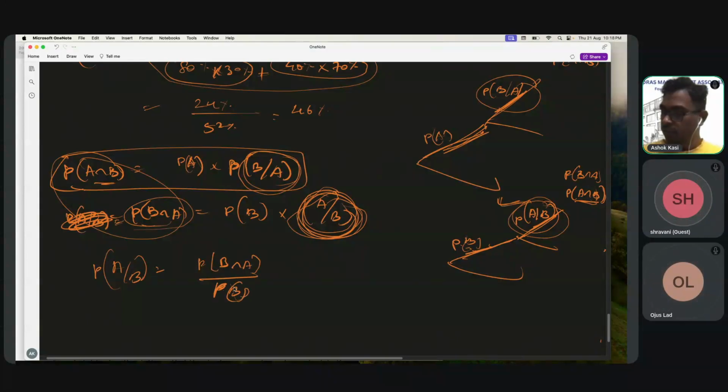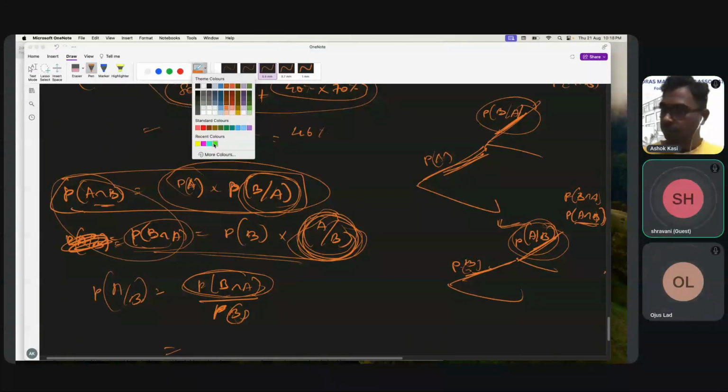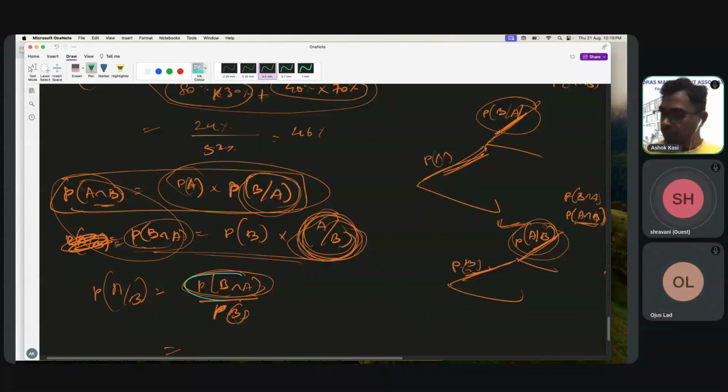This step is okay. Now B intersection A is also equal to this part, no? Because this is equal to B intersection A only.